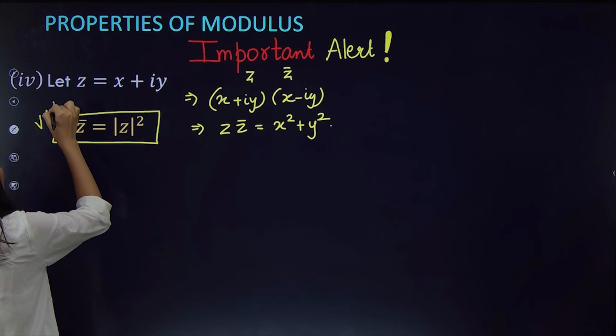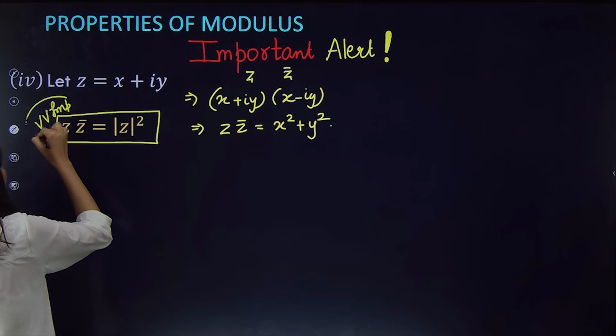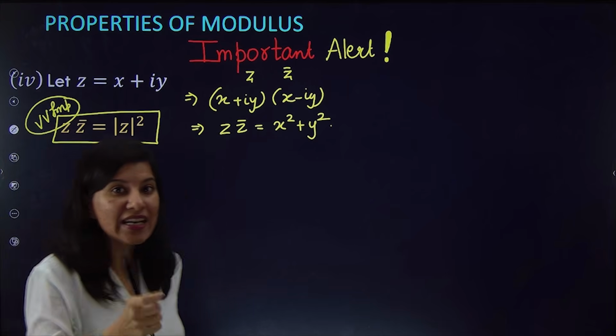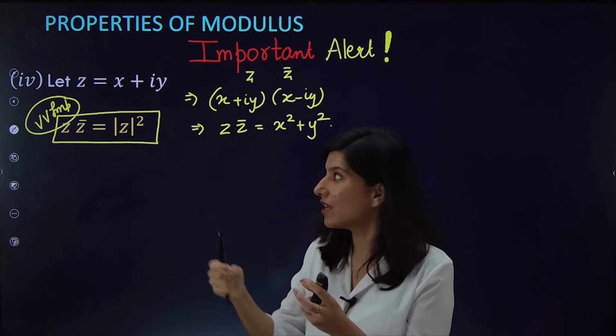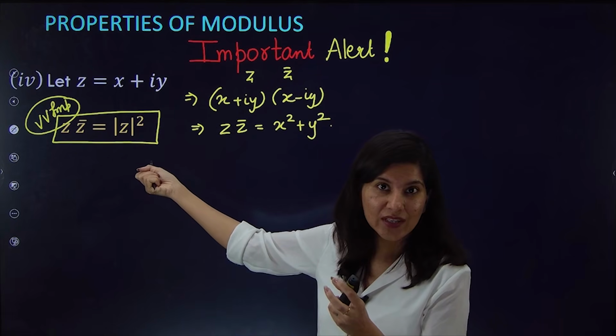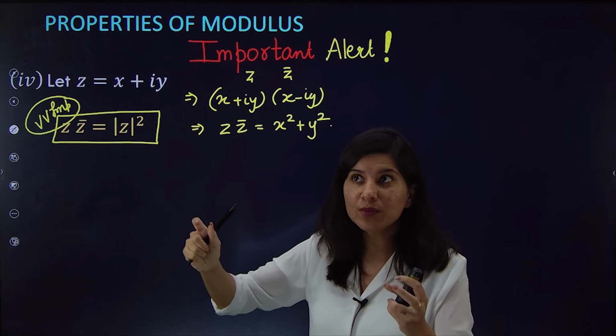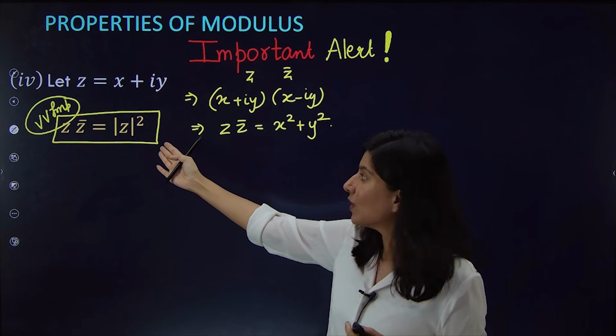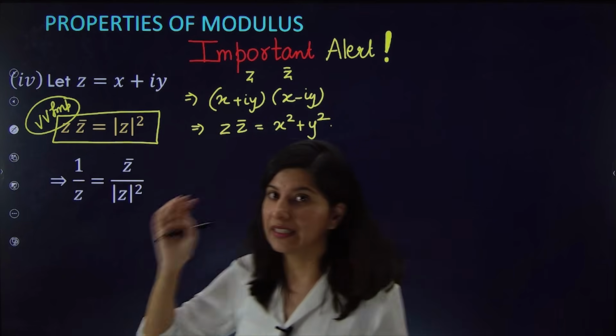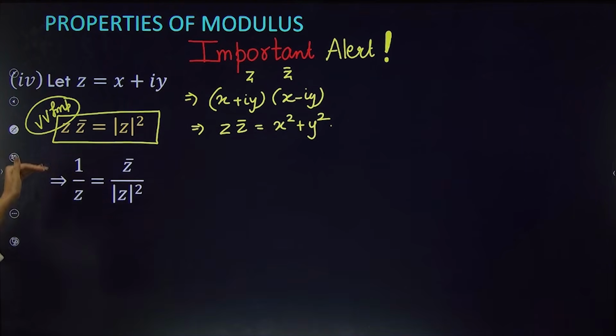Very, very important. I will tell you while solving problems when exactly to use it. There are specific situations when we use this property. This is actually widely used. Majority of the questions you will be able to solve by this property only. Now 1 upon z.